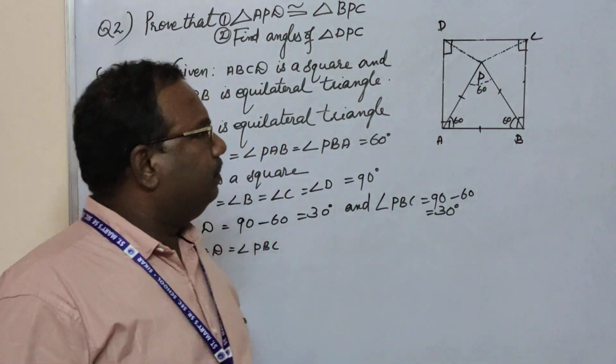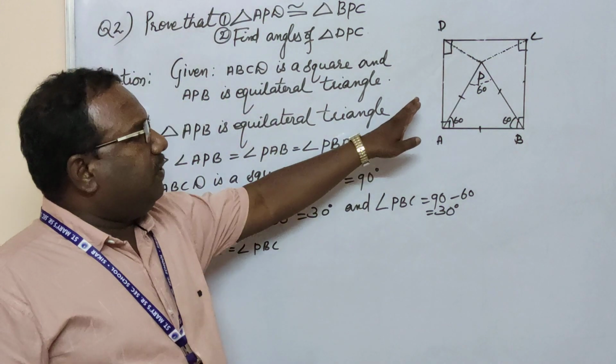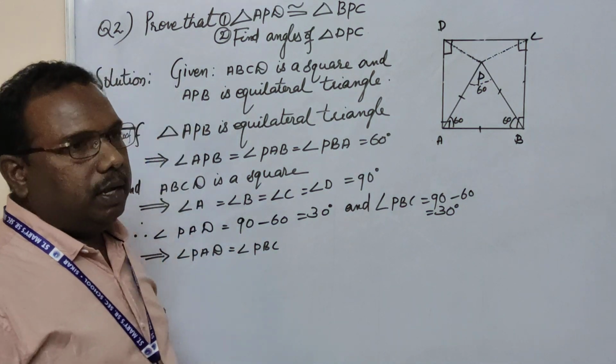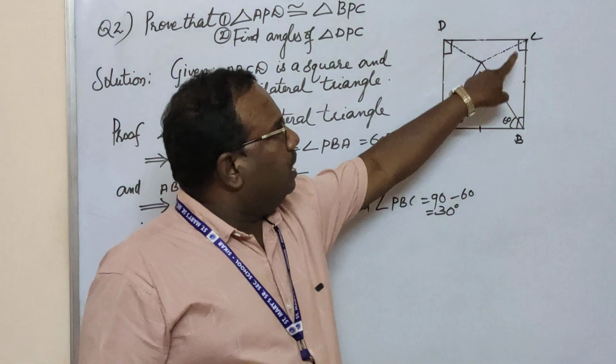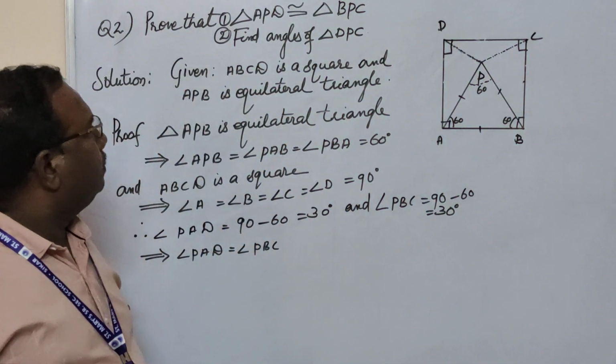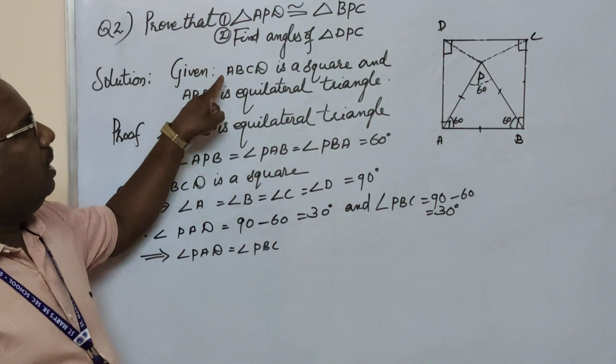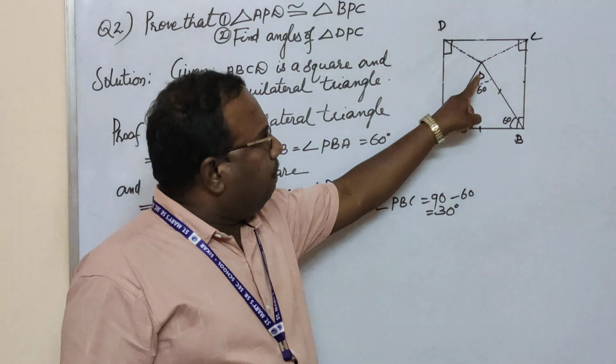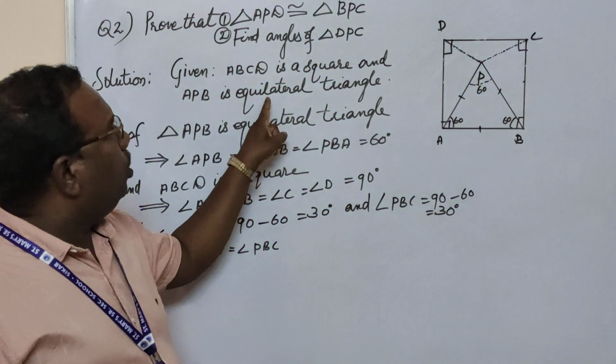Now question number 2. This is the first figure given in question number 2. So I am reading the question. ABCD is a square. Look here. Given ABCD is a square and APB is an equilateral triangle.